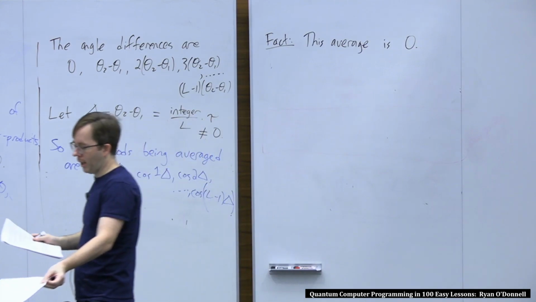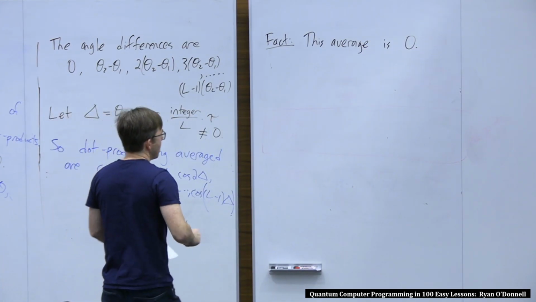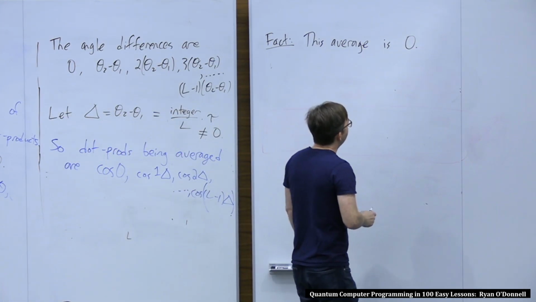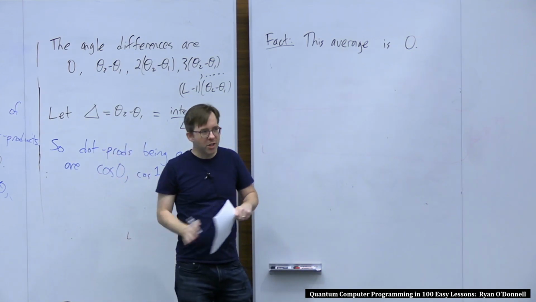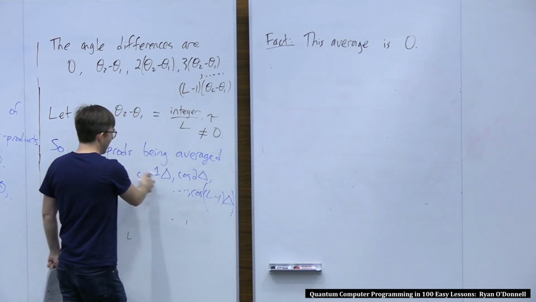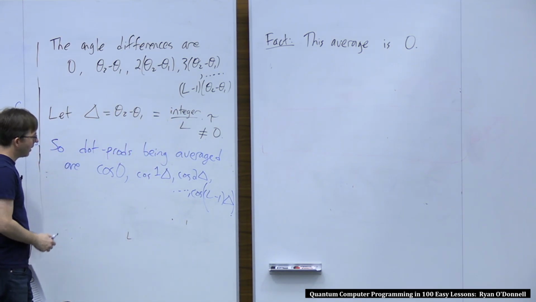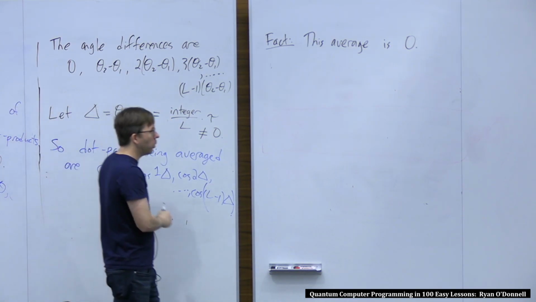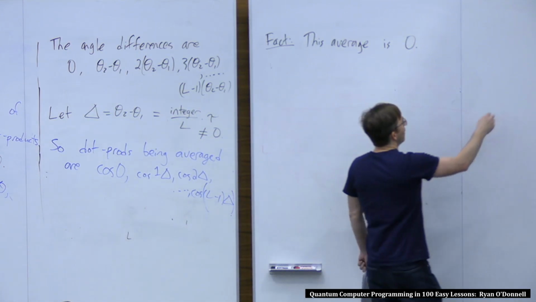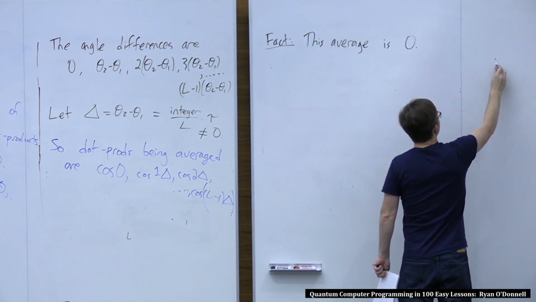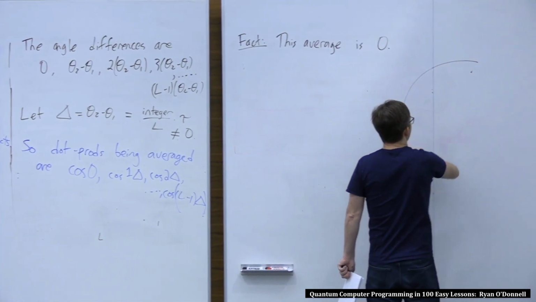Okay, so the trick to this is the following. Clear your mind and forget everything we were doing, and just imagine you're trying to prove this fact about averages of numbers. Now I'll do another little trick, which is a cool way to compute this average. So the trick is this: draw a circle in 2 dimensions, the unit circle.